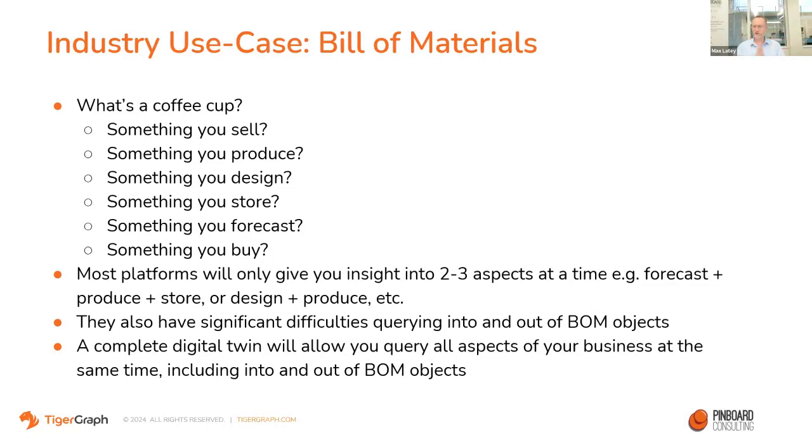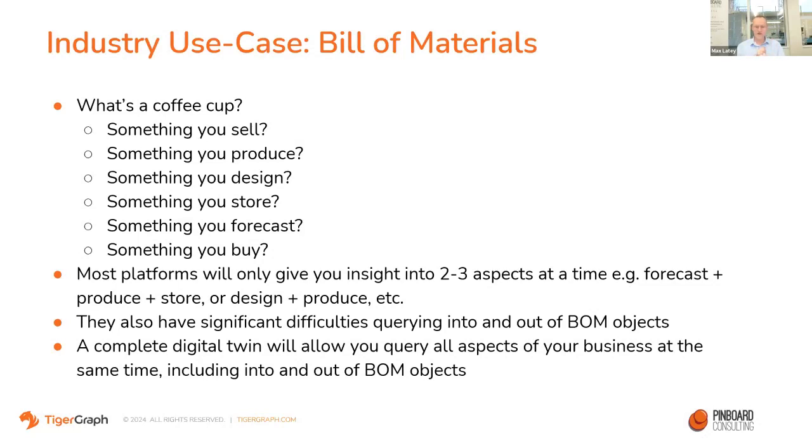They could see a coffee cup as something you sell, something you forecast, and something you produce, but not necessarily something you design or do QA or store in inventory. Or maybe you can design it and produce it, but then what about the inventory? What about the sales forecast? What about the finance impact?